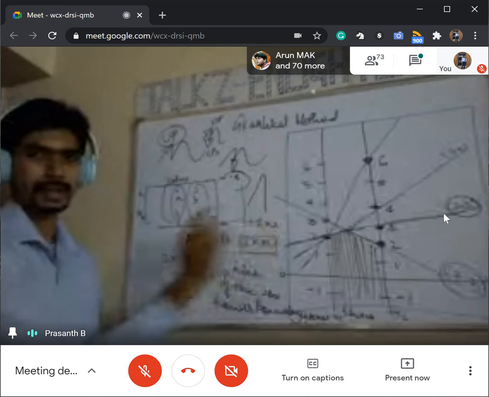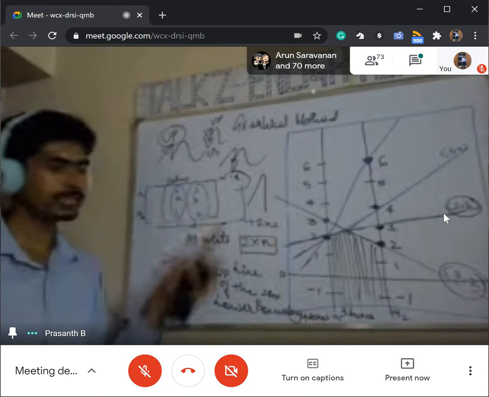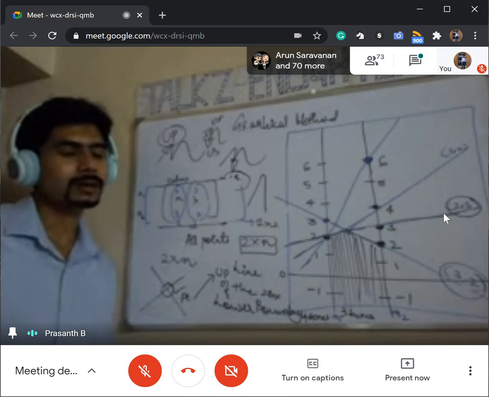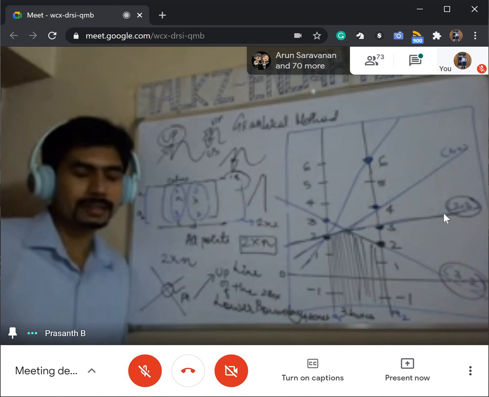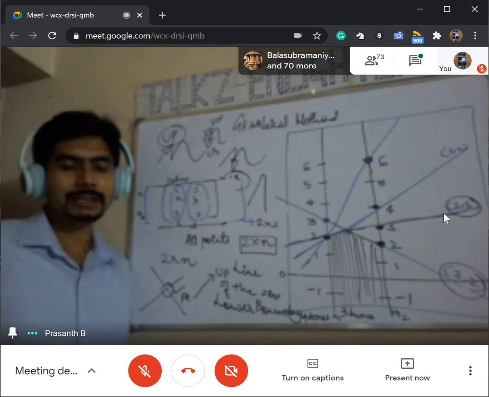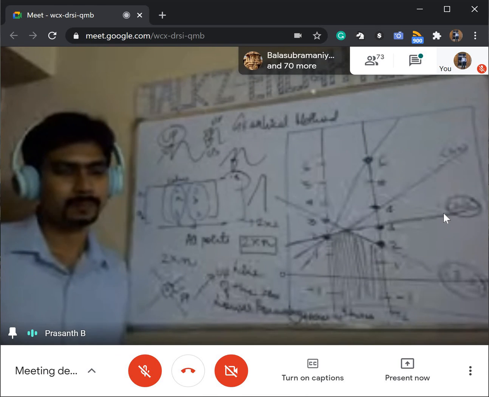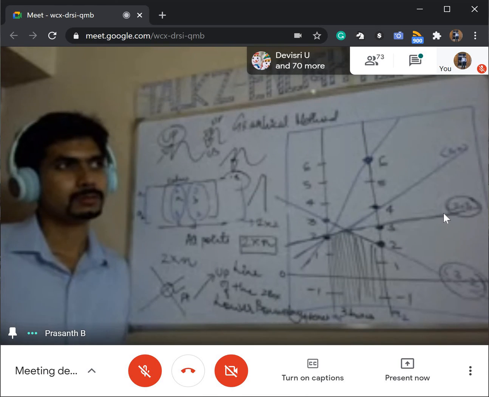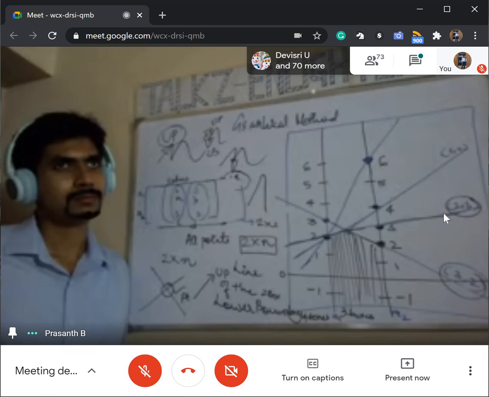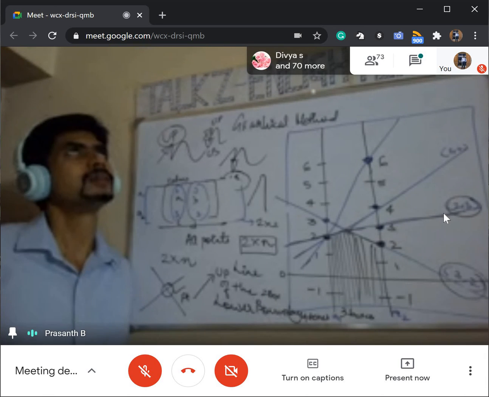So that will be the 2 cross 2 matrix. Now it is A, B, C, D. Use the algebraic or calculus method to get the value of the game. Understood?